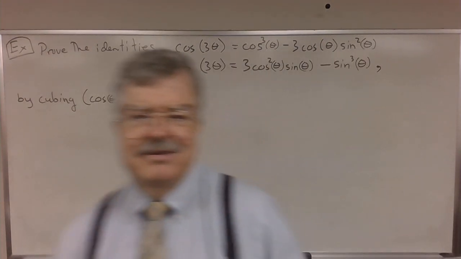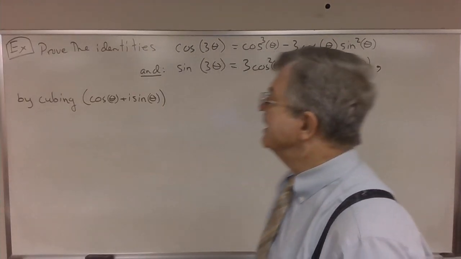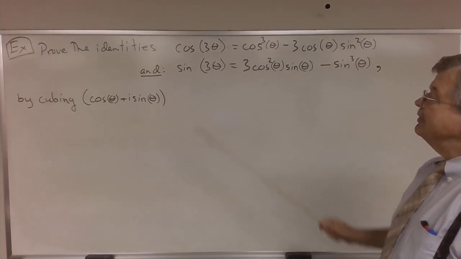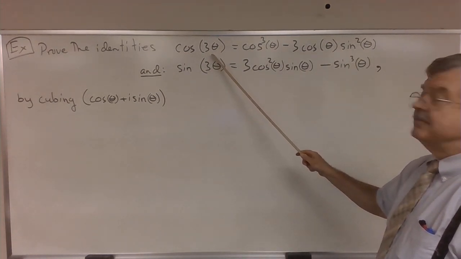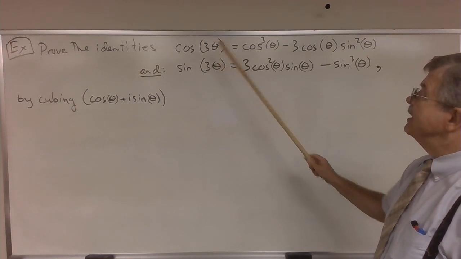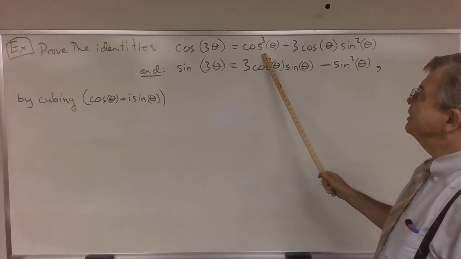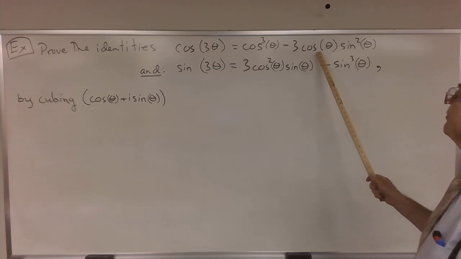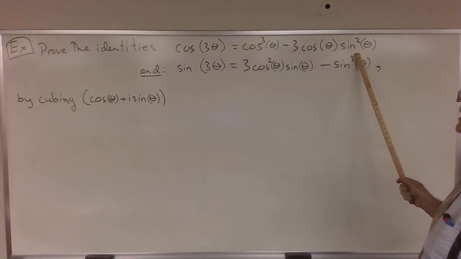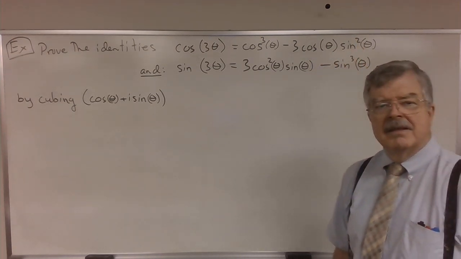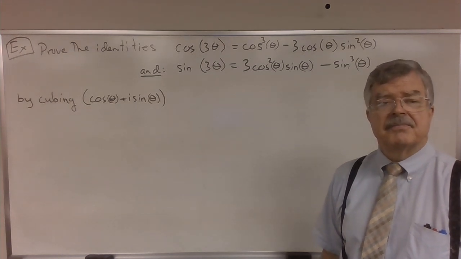This is a great exercise. They ask us to prove two identities. Cosine 3 theta is equal to cosine cubed theta minus 3 cosine theta times sine squared theta, which is not obvious.